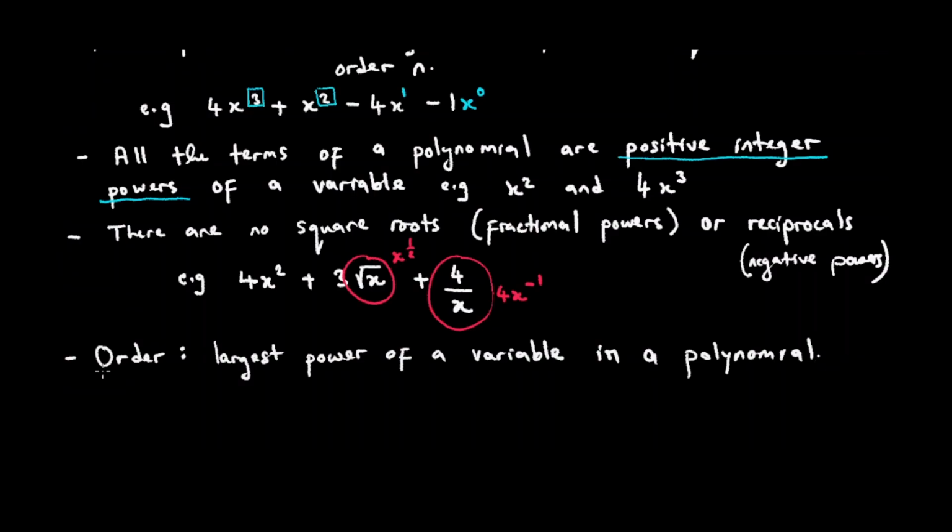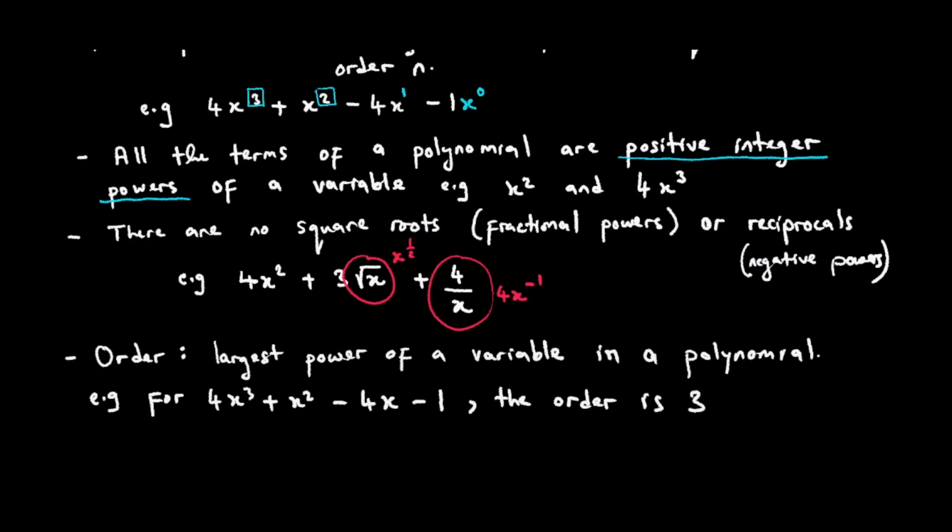So an example would be, for this polynomial which we are using, 4x cubed plus x squared minus 4x, let us write it as it was originally written, then minus 1. For this polynomial, the order is 3.